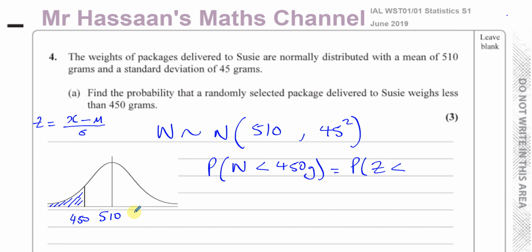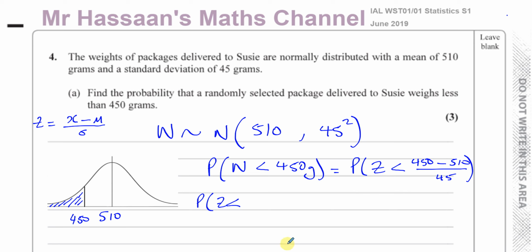So here we have the value we want to standardize minus the mean, which is 510, divided by the standard deviation, which is 45. That will tell us what Z value to look at on the table.